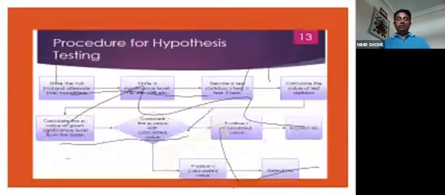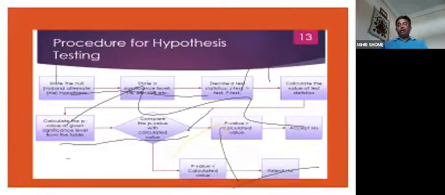If we find that the calculated value is lower than the table value, then we will say there is no significant difference. That means it is treated as the null hypothesis. When we get a significant difference, it is treated as the alternative hypothesis.